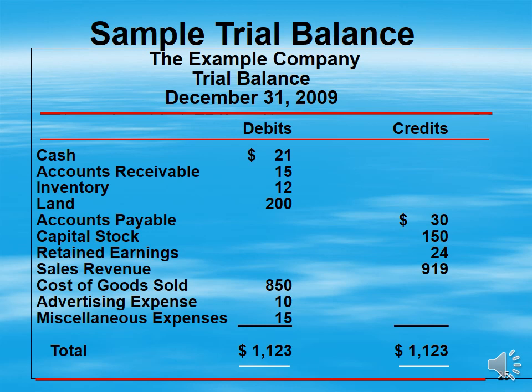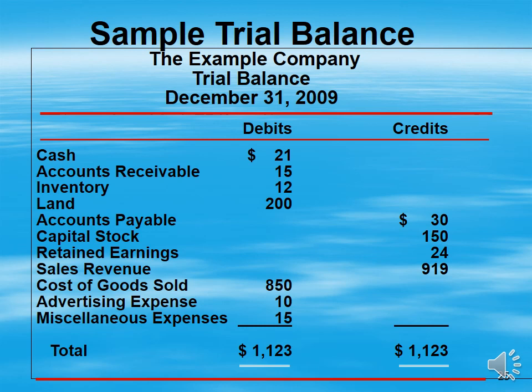Cost of goods sold, advertising expense, and miscellaneous expenses have debit balances. So you can see here the total amount in the debit side equals the total in the credit side. So if this is your business, when you prepare the trial balance, you see that the total in the debit side is equal to the total in the credit side.